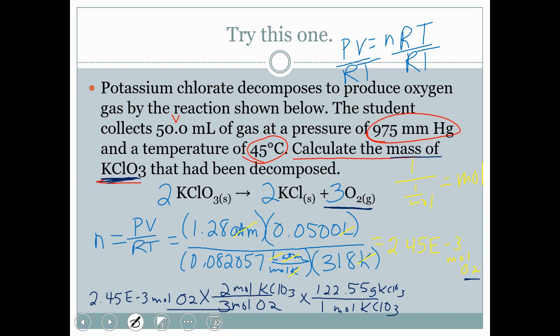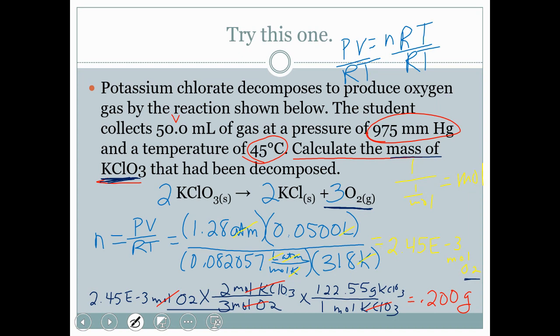Again, making sure everything divides out, moles of oxygen, moles KClO3, and now I can punch this one in and solve, and I got 0.200 grams. So let me double check that one again.